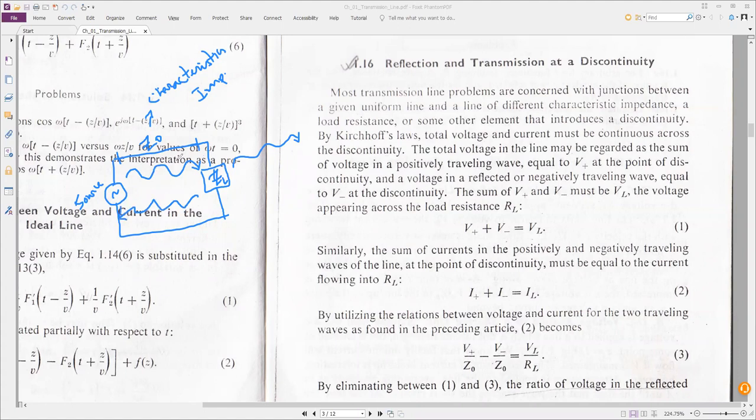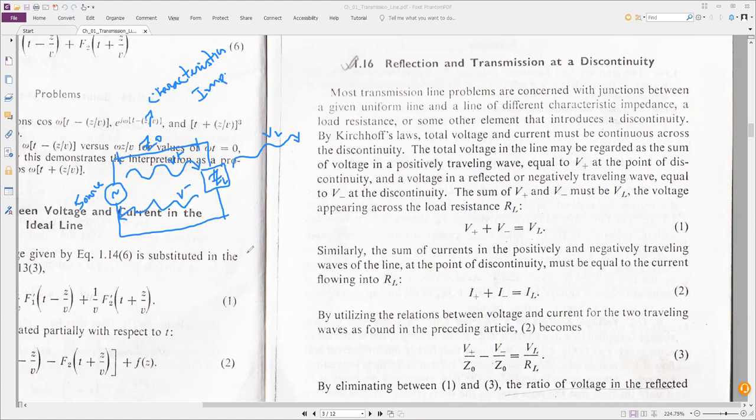Those going there are V plus. Those coming back are V minus. V plus and V minus are here, right? So the loss, how much signal is coming back from here, is called the VSWR. But let me show you another thing, the reflection coefficient.